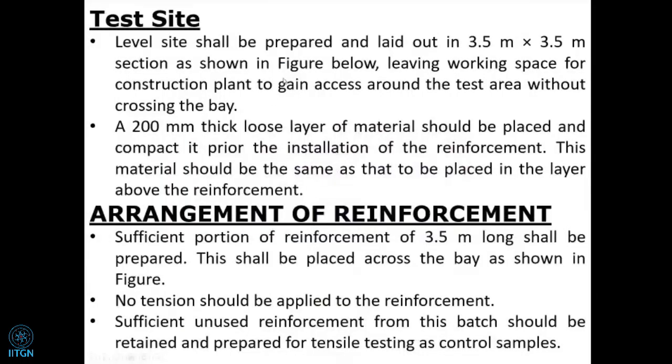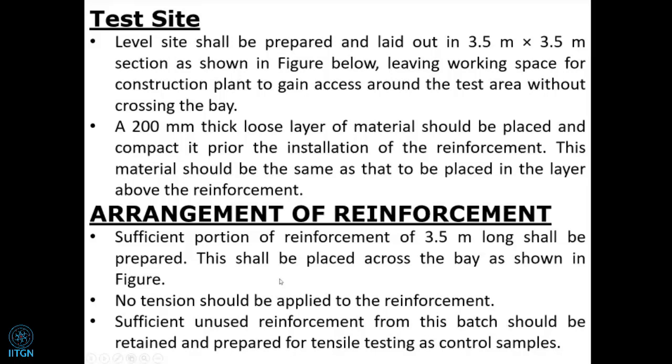Then we have to level our site in the 3.5 by 3.5 meter. Then loose 200 mm thick soil is laid below the geogrid, compacted up to 150 mm, then we put a geogrid over that. And again we lay another 200 mm thick layer and compact it in different layers. Then we arrange our reinforcement of size 3.5 by 3.5 meter.